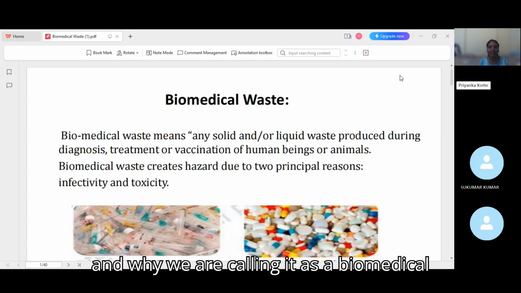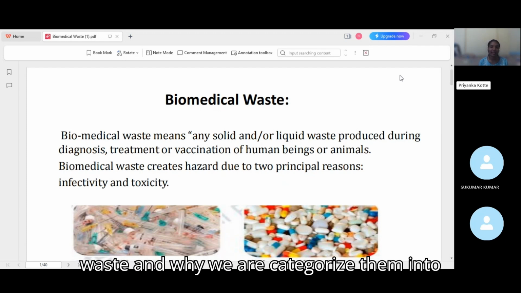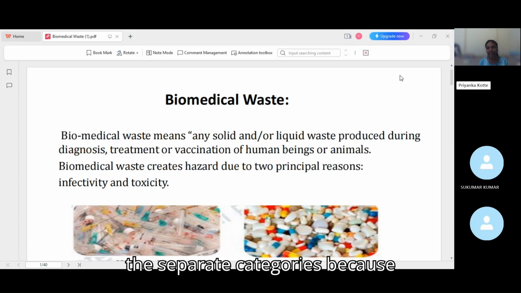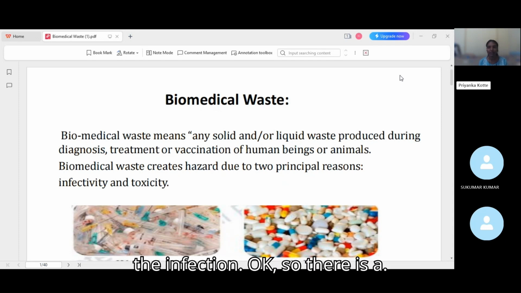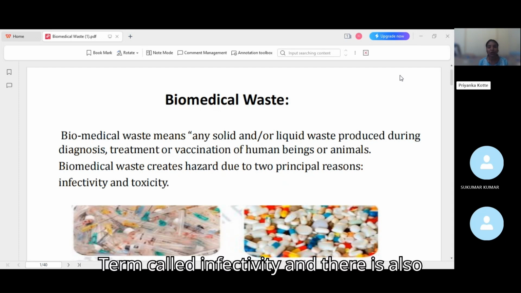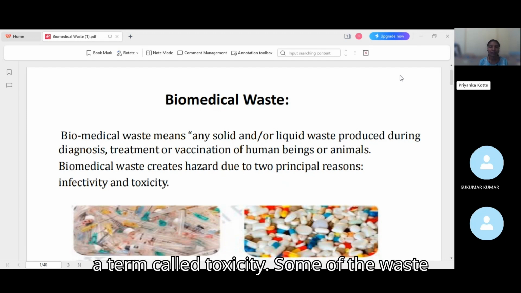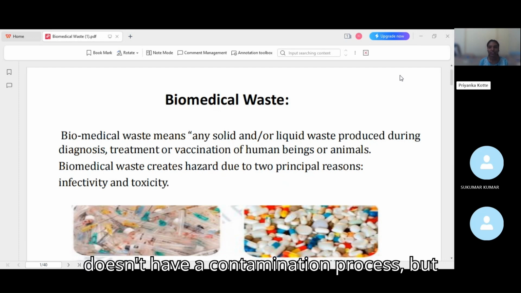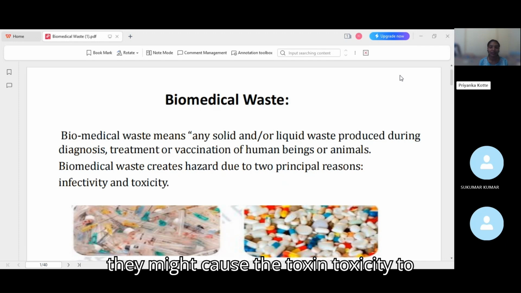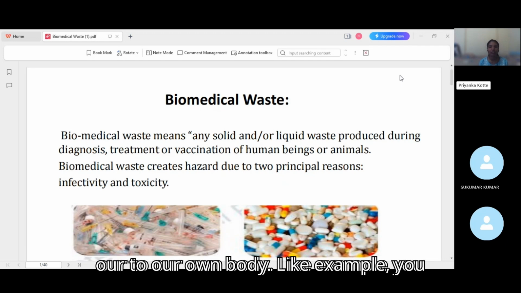And why do we call it biomedical waste, and why do we categorize it into separate categories? Because there is a chance of that waste giving us infection. There is a term called infectivity and also a term called toxicity. Some waste may not give us any infection or contamination, but it might cause toxicity to our own body.